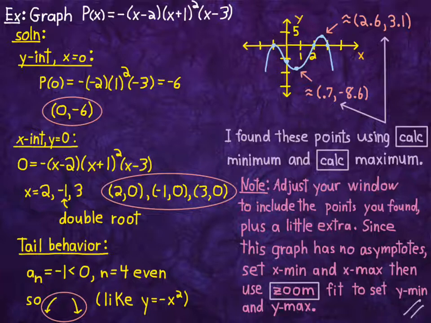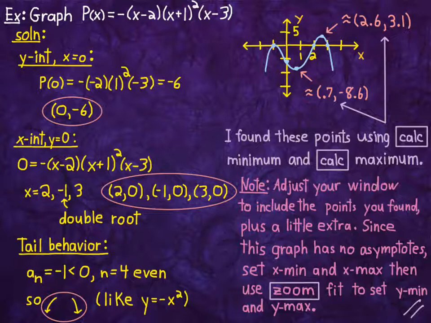You can set x equals, this is just on your calculator. I'm just talking about the calculator. Set x min and x max using the numbers that you got for your points over here, plus a little bit in the x direction, a little bit in the y direction, plus and minus a little bit, right? To set the x min and x max, and then you zoom fit to set the y min and y max.